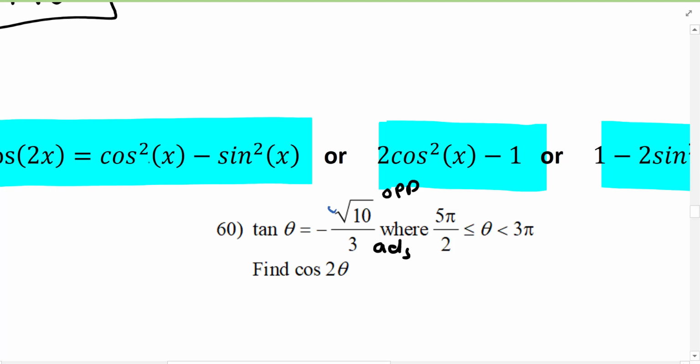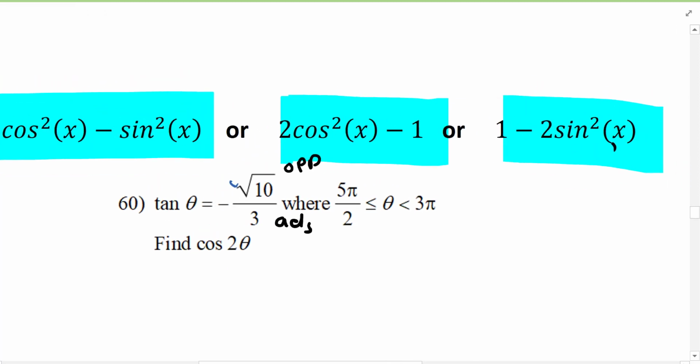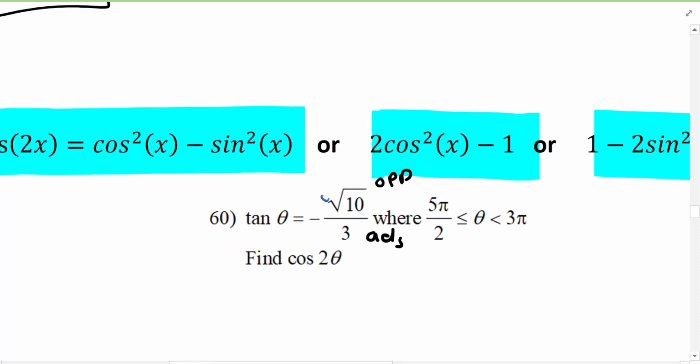Cosine squared x subtract sine squared x, or 2 cosine squared x subtract 1, or 1 subtract 2 sine squared x. All right, the reason that there are 3 different versions is right here we can rewrite cosine squared or sine squared.